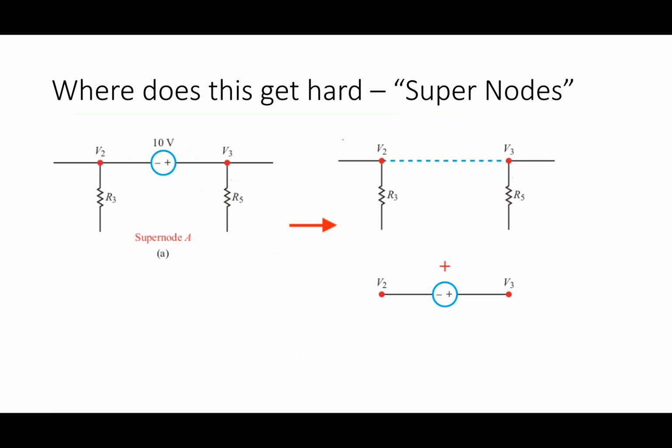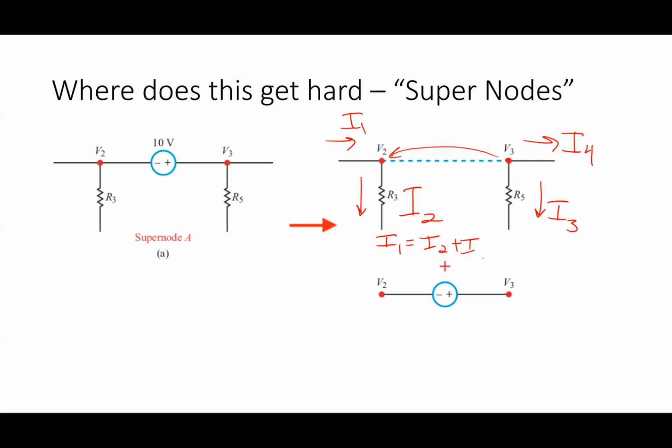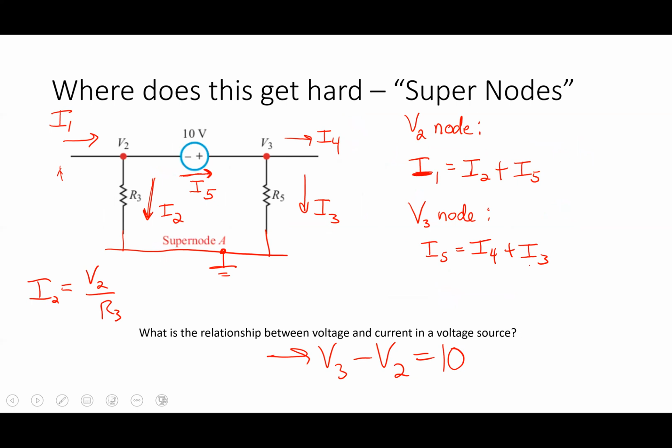Here's I1, here's I2, here's I3, here's I4. You could think of the V3 node being pulled over there. So whatever's entering at I1, I would have I1 equals I2 plus I3 plus I4. This is the way to really think of it.